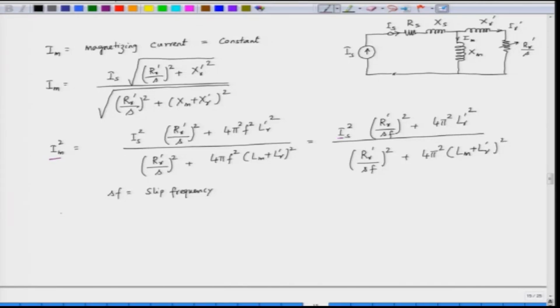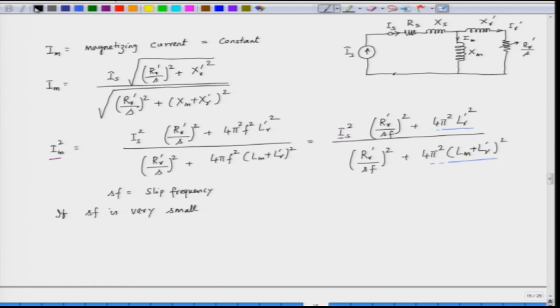So, let us say Sf is very small. If Sf is very small, these parts can be neglected. These parts are small with respect to this. This is dominant here, so this can also be negligible.